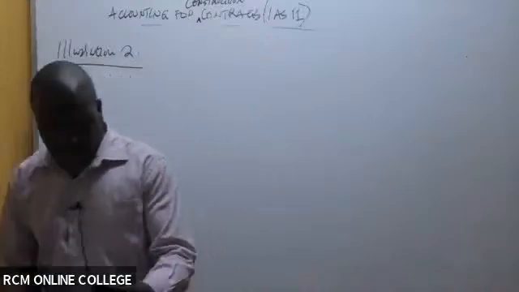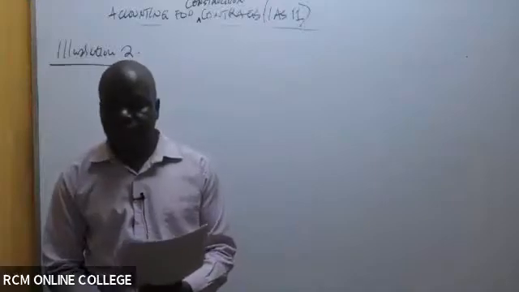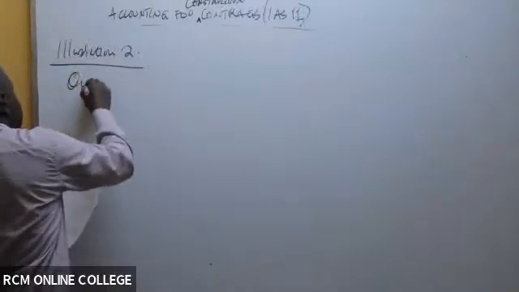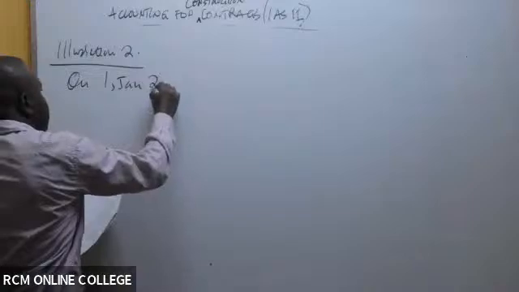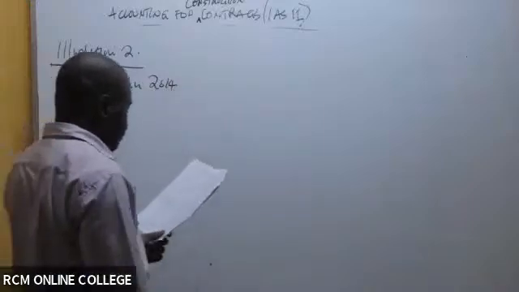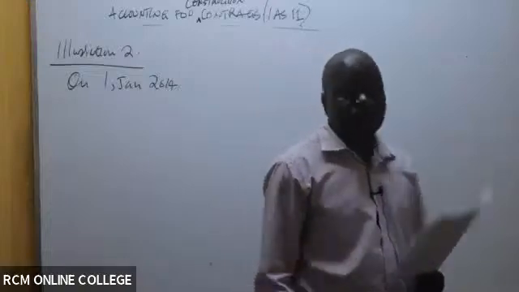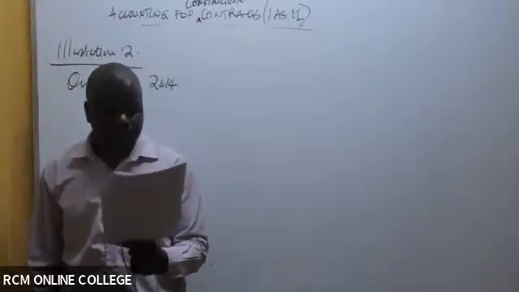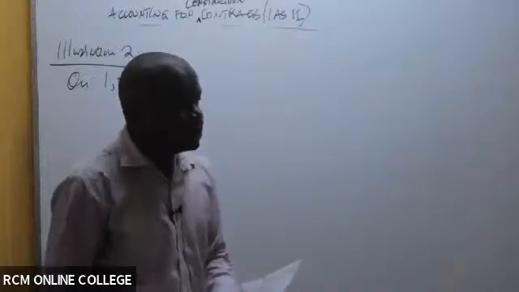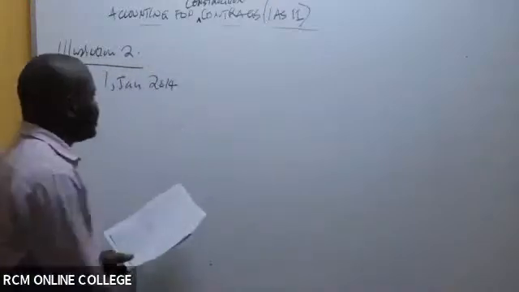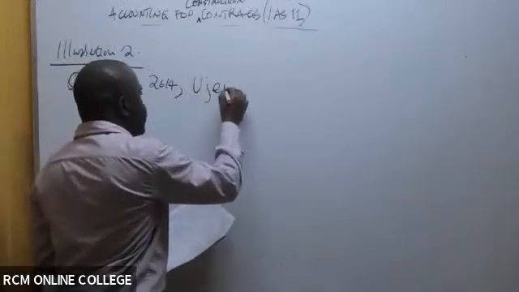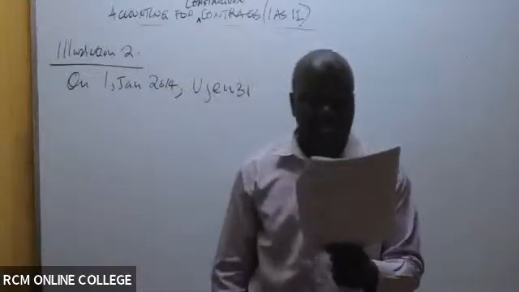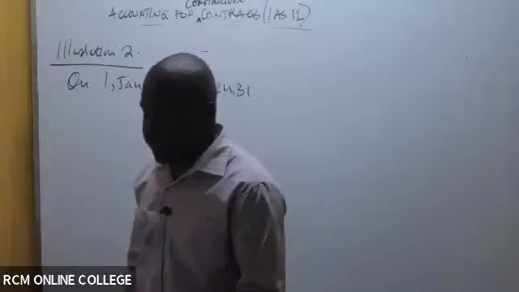So you can write: on 1st of January 2014, YEH Limited was awarded a contract for the construction of a road. Full stop. The contract was for a 3-year period.